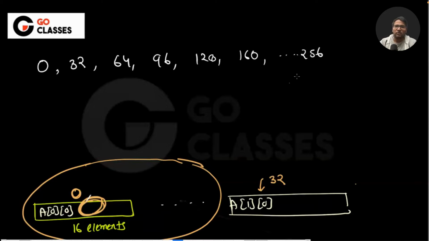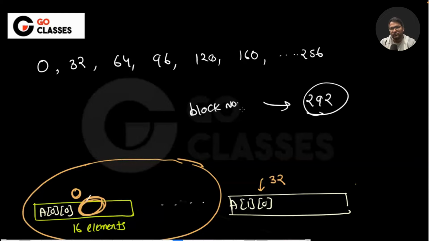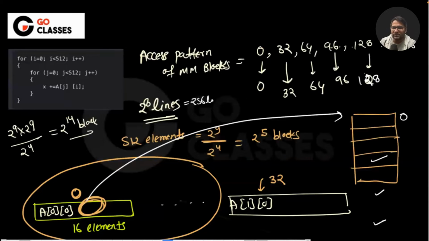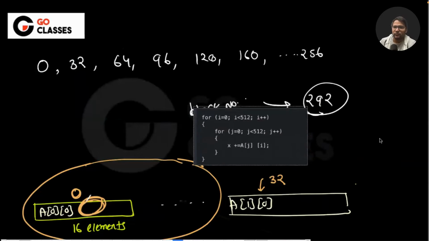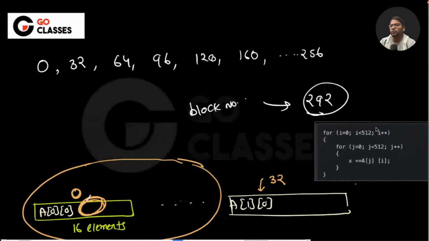Okay. Tell me, let's suppose I ask you, are you going to access this block number 292? Block number 292. Are you going to access this? See, the loop pattern is this, right? The loop is saying that for I equal to 0, you are going to run, and j you keep on changing.